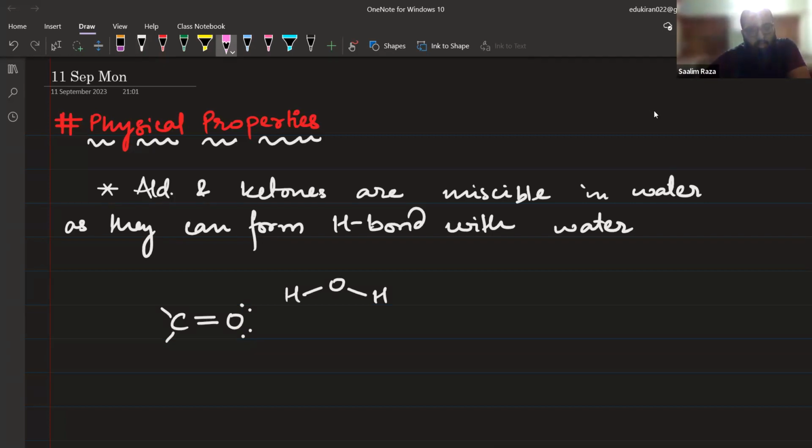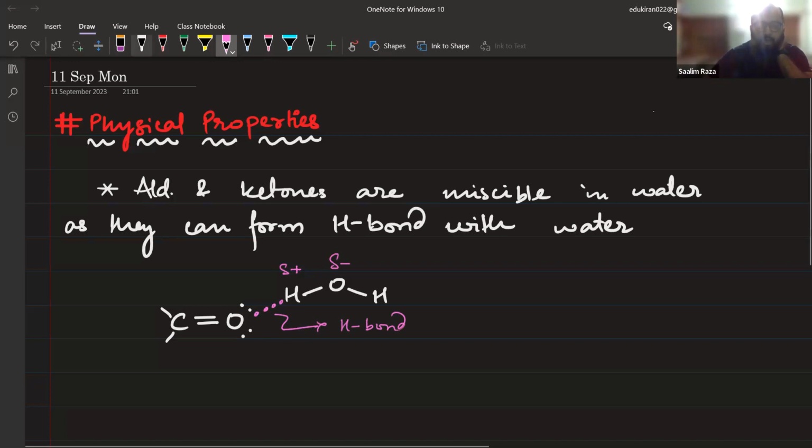This hydrogen is connected with an electronegative element, that is oxygen, so this will have delta negative, this will be delta positive. There will be interaction between the lone pairs of oxygen of the carbonyl and the hydrogen of water. So this is the hydrogen bond which is getting formed. And because there is a hydrogen bond between the carbonyl compound and the water molecule, they will be soluble in water. That is why they are soluble in water.